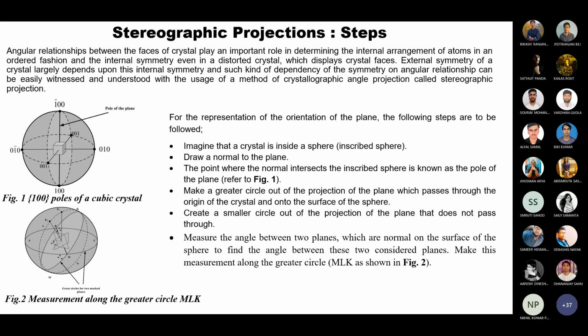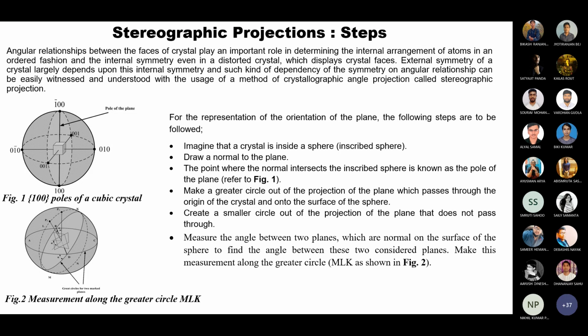It is telling you that the different faces of crystals, their inter-orientation relationship and the internal arrangement of the atoms can be determined based on the different planes present in the crystal and their internal orientational relationship. That is the basic and fundamental thing which is going to play an important role in constructing a stereographic projection, and eventually it will represent the particular crystalline system.